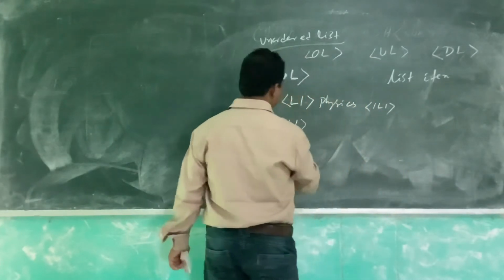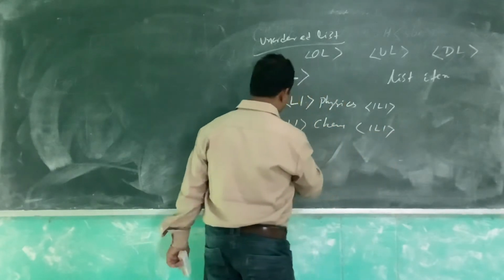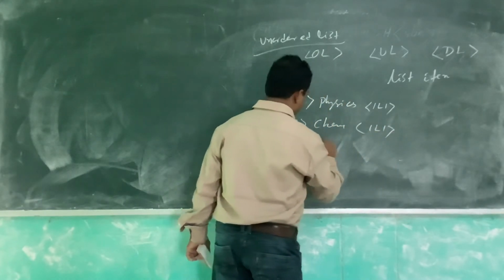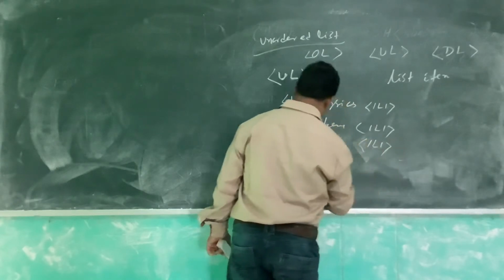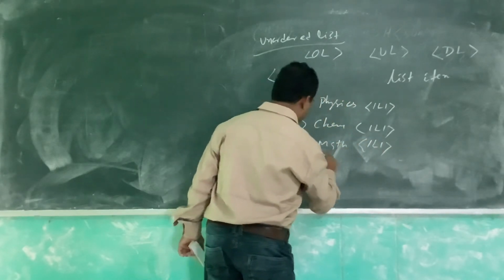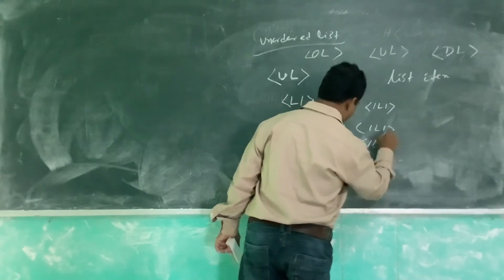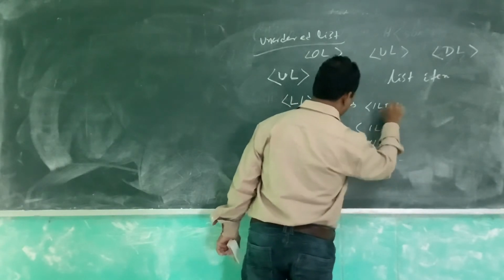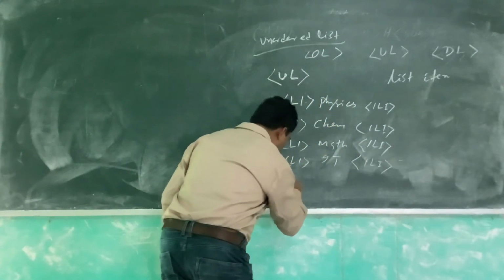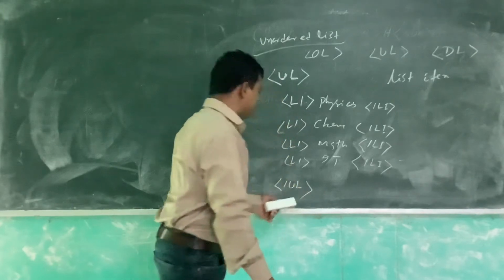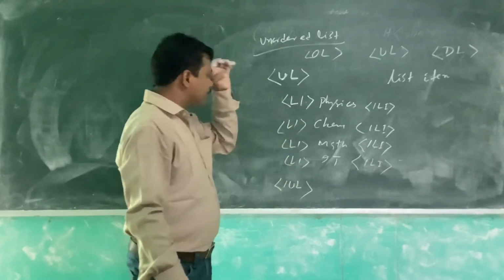Again type LI, chemistry slash LI. Again LI, math slash LI, IT slash LI. Then finally close the unordered list by using slash UL tag.